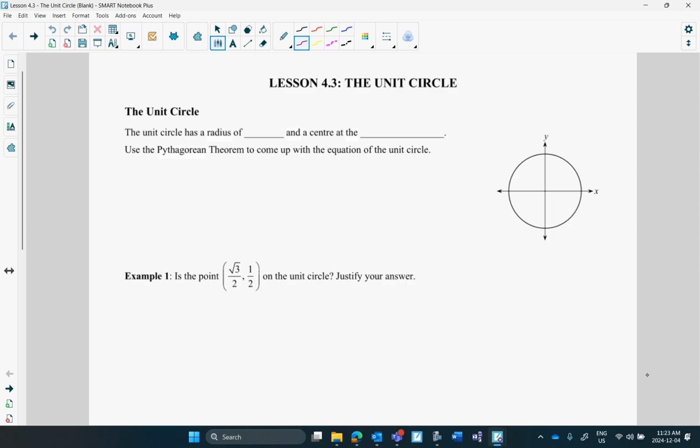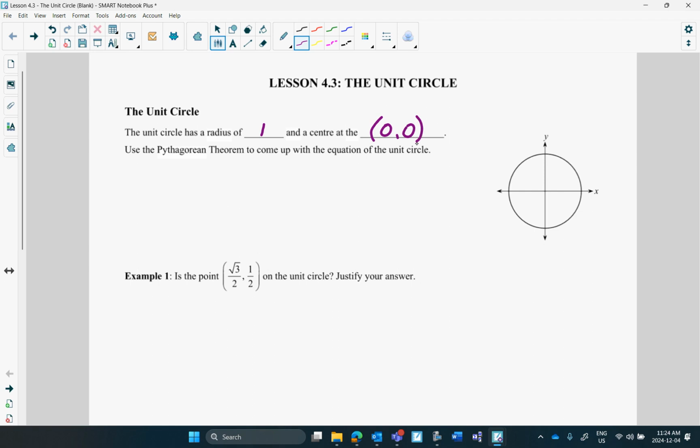Anyway, unit circle. Well, unit means one. So it's got a radius of 1 unit. We don't know what the units are, it doesn't matter. And the center of the circle is at the origin 0, 0.